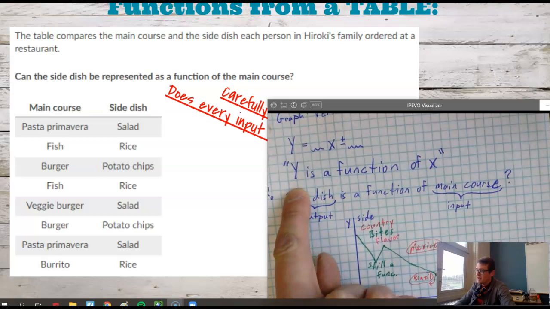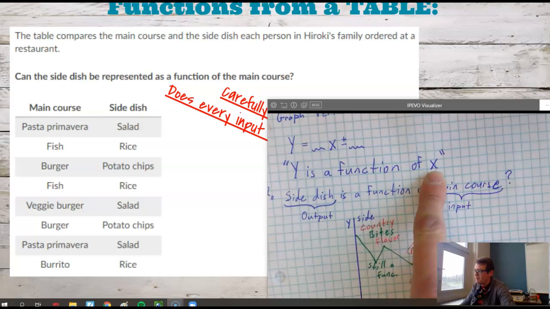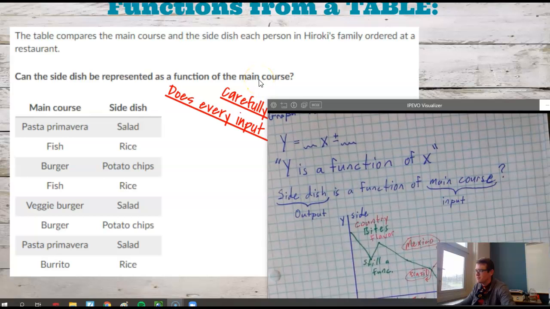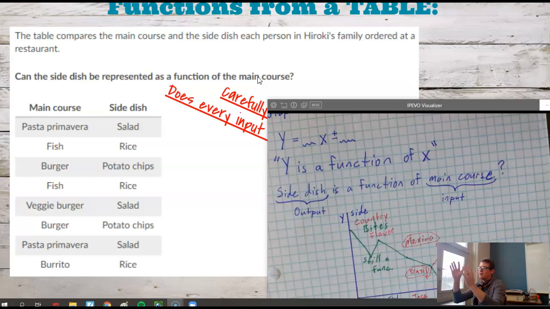This is why we wrote out at the beginning of our notes, y is a function of x. So whenever they say of, the thing coming after of is our input. So since it says function of the main course, the main course is our input. So we're saying input then leads to output. Me choosing my main dish leads to me choosing my side dish.